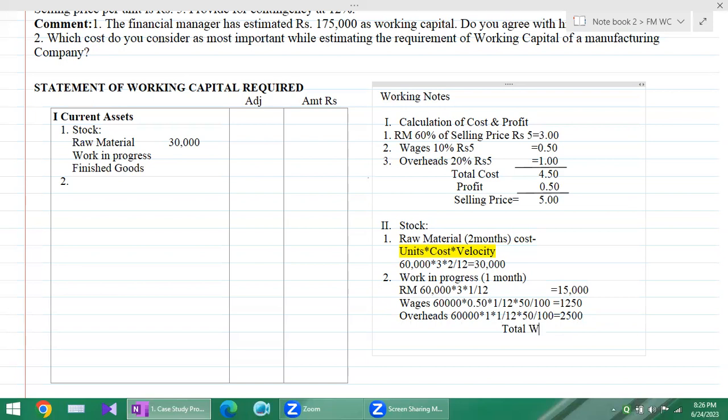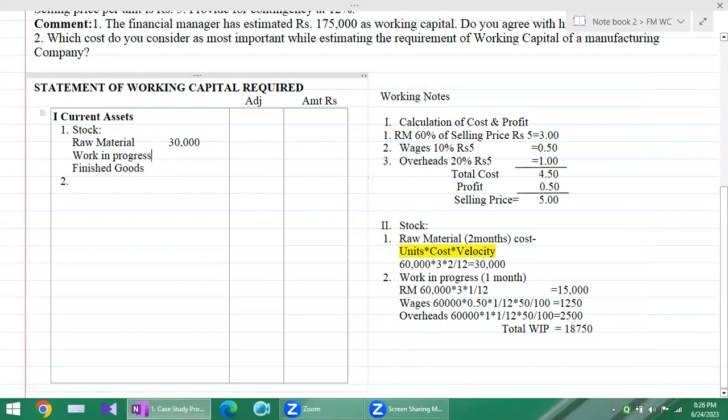Total WIP is equal to 18,750. Yes, this 18,750 we'll have to write here. Done. Now the third one, let me begin with number 3.